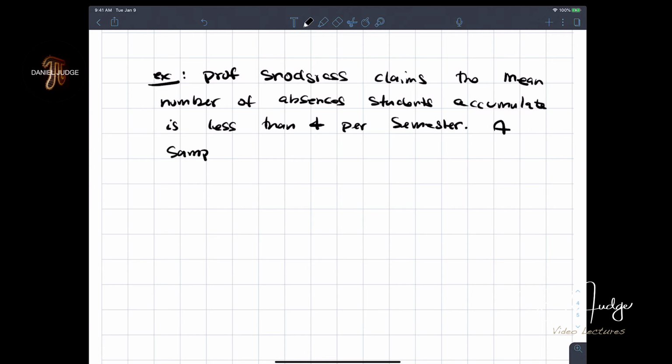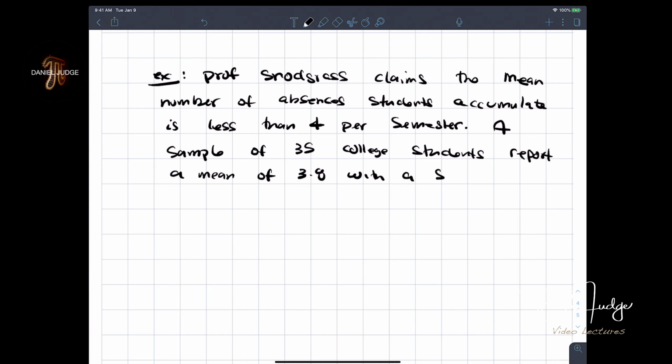A sample of 35 college students report a mean of, let's just say 3.8 with a standard deviation of 0.41.